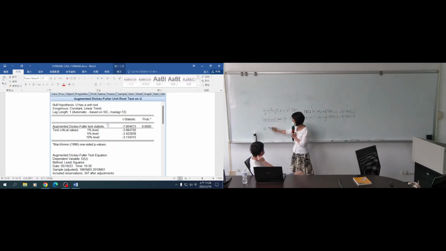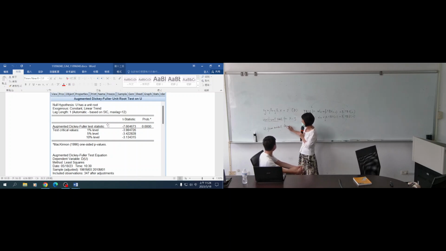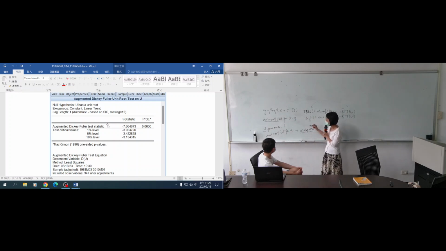So U from model A. Then the unit root test for U is what we call the co-integration test, because the U is from the model. So for the co-integration test you have to run the model in order to get the residual, and based on the residual, do the unit-root test.